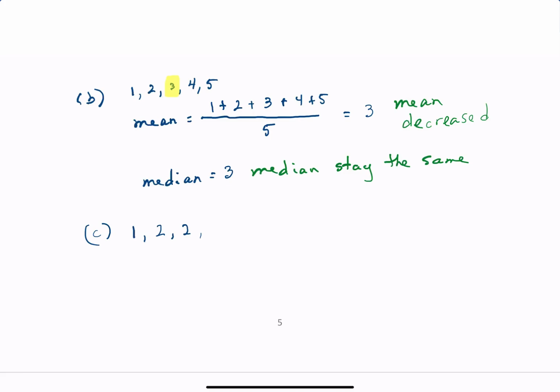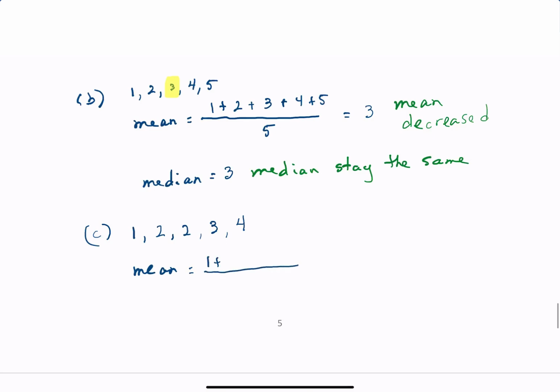So our data set now looks like 1, 2, 2, 3, 4. Now the mean is 1 plus 2 plus 2 plus 3 plus 4 divided by 5, which is 2.4. So again, decreasing a data value means the mean gets decreased.